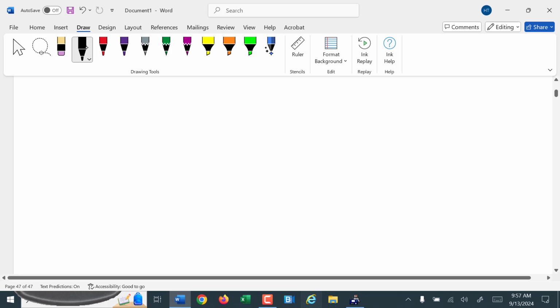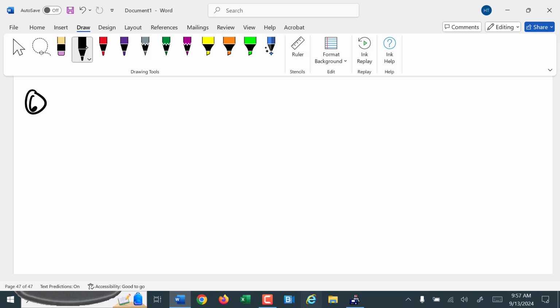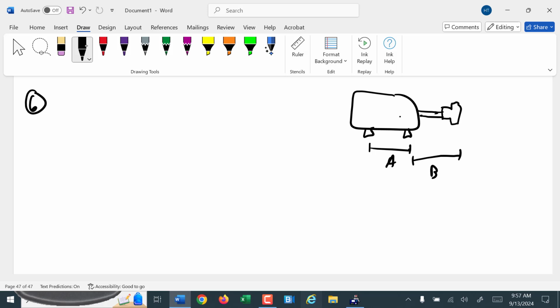Okay, flipping over to the back side. So number 6, we have A is, I'll draw my basic little picture here. So A is this distance. B is the distance to the flange.